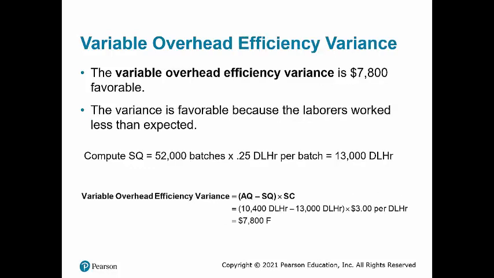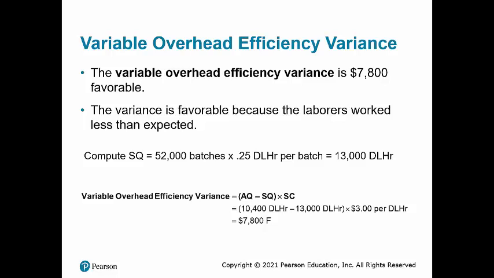Because variable overhead is allocated based on direct labor hours used, this variance is also favorable, as we saw the direct labor efficiency variance was favorable before. The standard quantity of direct labor hours that workers should have used to make 52,000 batches of crayons was 13,000 total direct labor hours, or 52,000 batches times 0.25 direct labor hours per batch.